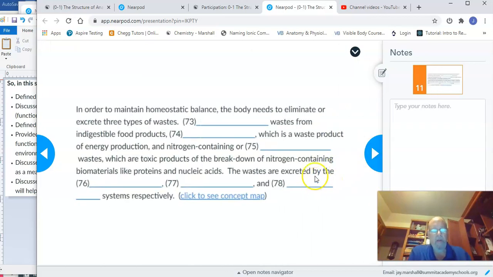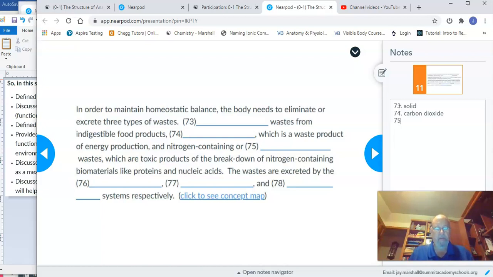Now, in order to maintain homeostatic balance, the body needs to be able to eliminate three types of wastes. I need to eliminate solid wastes, which come from indigestible food products. I need to eliminate carbon dioxide, which is a product of energy production.